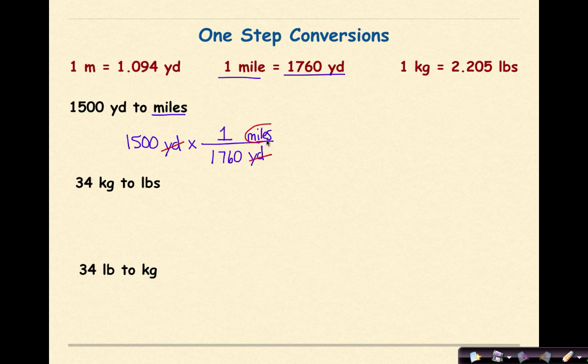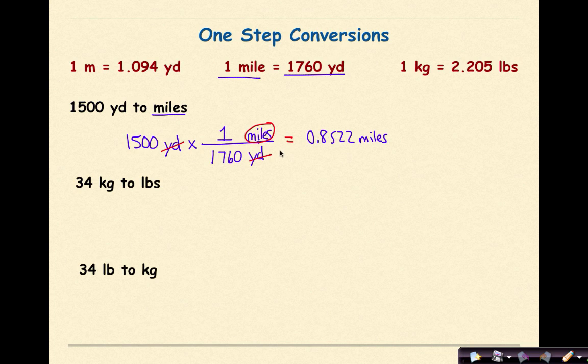I am left with miles, which is what I want. So then I'm going to do 1,500 times 1 divided by 1,760. And when I do that in my calculator, I get 0.8522 miles.